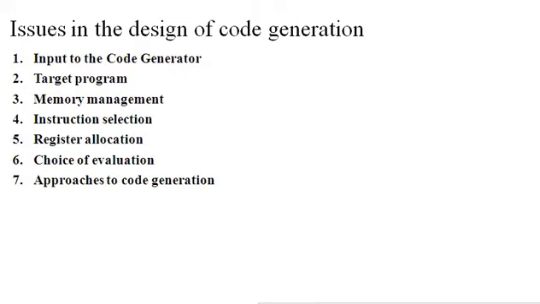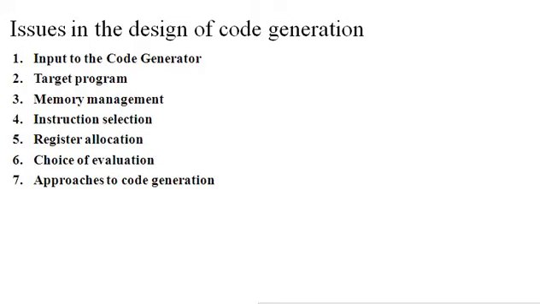There are several types of intermediate languages such as postfix notation, syntax tree, quadruples, DAGs, etc. So the detection of semantic error should be done before submitting the input to the code generator. The code generation phase requires complete error-free intermediate code as an input.